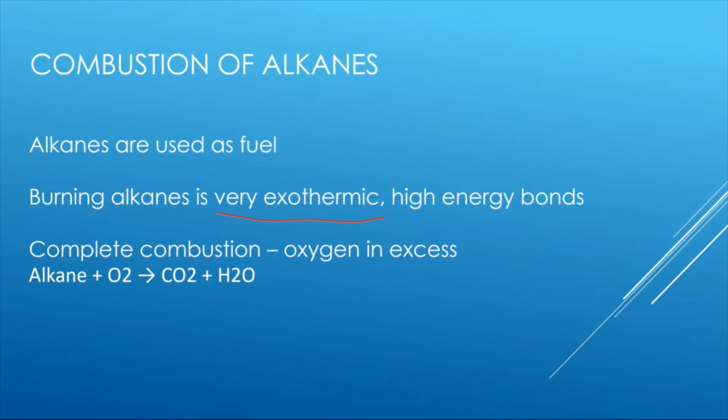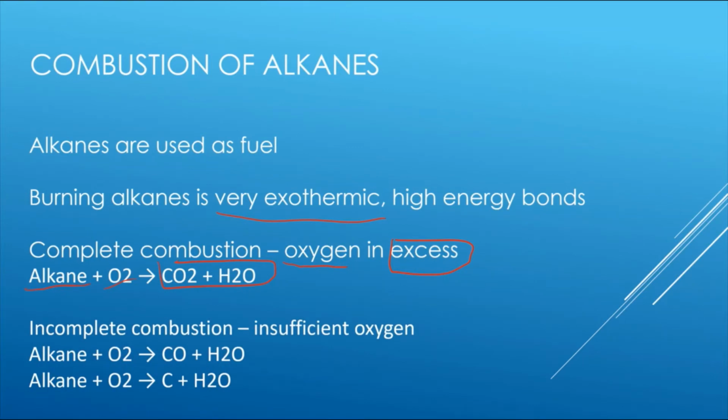And so you can have complete combustion. This will occur when oxygen is in excess, so when it's not limited. The alkane, whatever the alkane is, would react with the oxygen, forming CO2 plus H2O. This will only occur when there's oxygen in excess. Now you can have incomplete combustion.